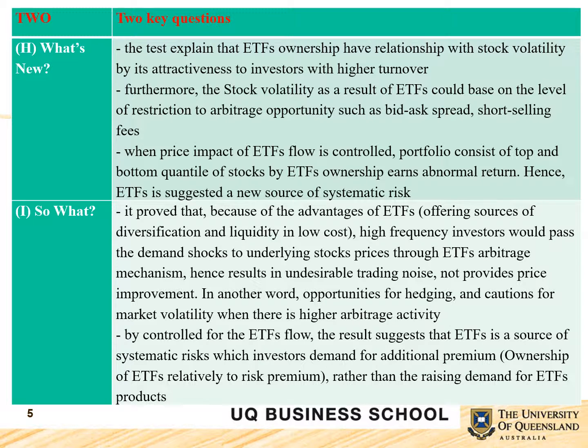Moreover, if arbitrage trading activity is strong in the market, then the effect of ETF ownership on the level of stock volatility is stronger. This finding is important because the change in stock volatility caused by ETF ownership represents noise in the stock price and not price improvement.